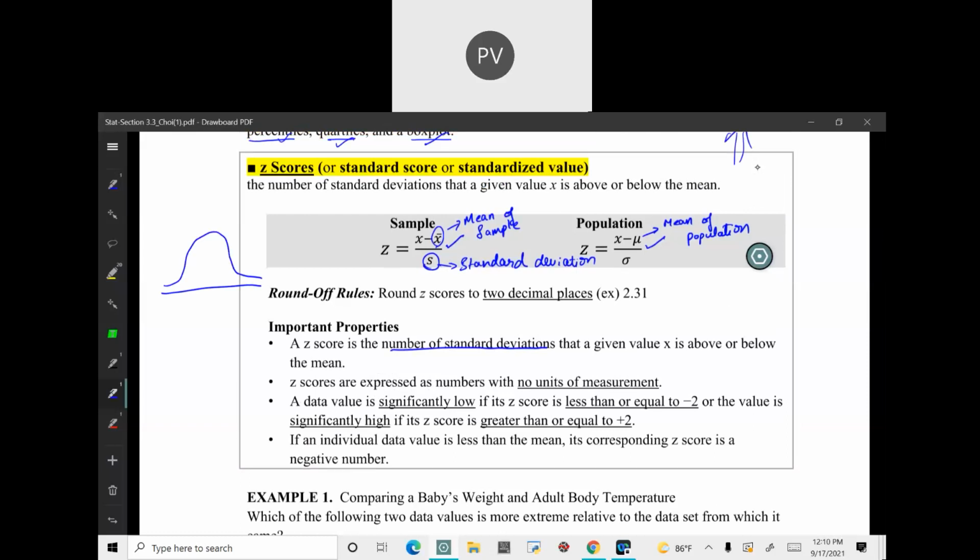And also we studied about range rule of thumb, right? So in that we came across this part, x minus 2 sigma, x plus 2 sigma, right? And this number 2 is nothing but your standard deviation, and the value which denotes that with a sign is called as z-score.